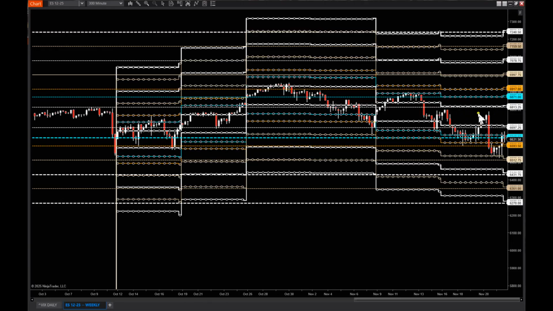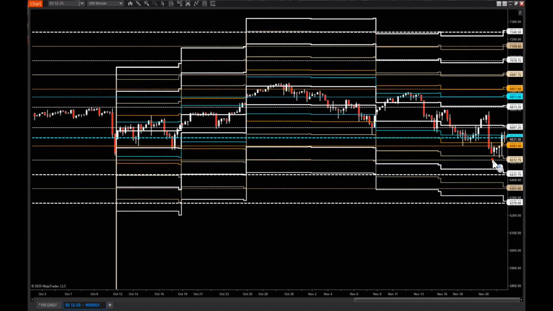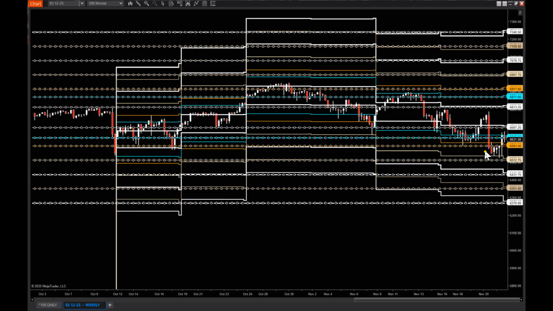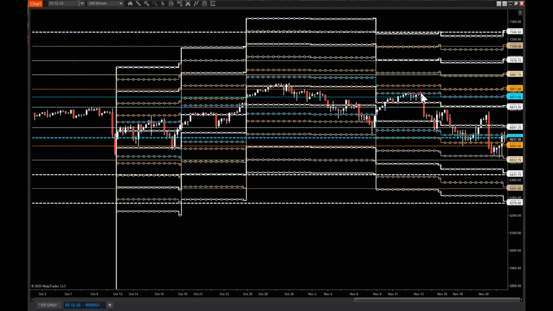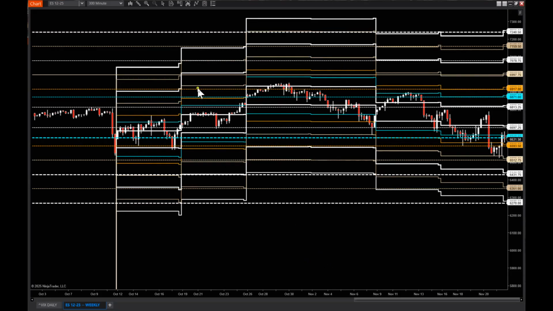You can see that it went back to the middle of this weekly range and then broke down very algorithmically. That is 1.25 times the range, and then this below it is also 1.25, so 1.25 below the weekly range. You can see the ones are white, the twos are blue, the threes are orange, and I'm using R vol and H vol.